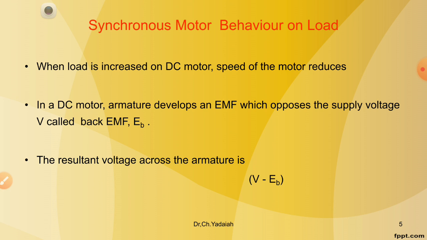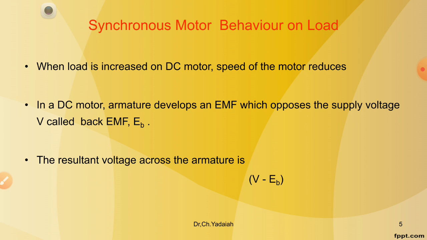This induced back EMF always opposes the supply voltage. Due to this, the applied voltage V minus the induced voltage Eb gives the resultant voltage across the armature, that is equal to Ia into Ra.